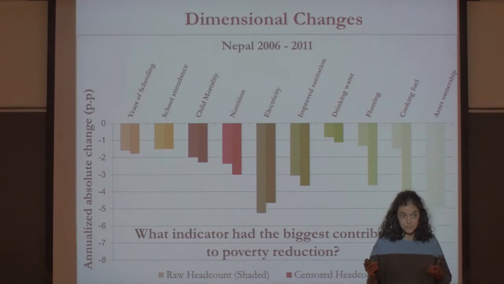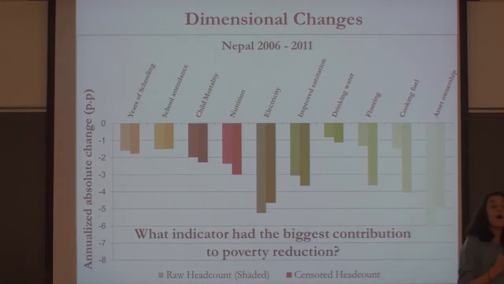So 1 percentage point of reduction in nutrition is equivalent to a change of 3 percentage points there, because when you see the contribution, you have to account for the weight. The weight of nutrition is 3 times higher. 1 percentage point of reduction in nutrition takes you 3 times further in reducing poverty.